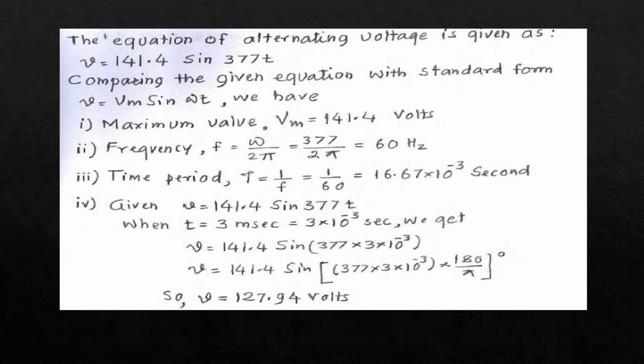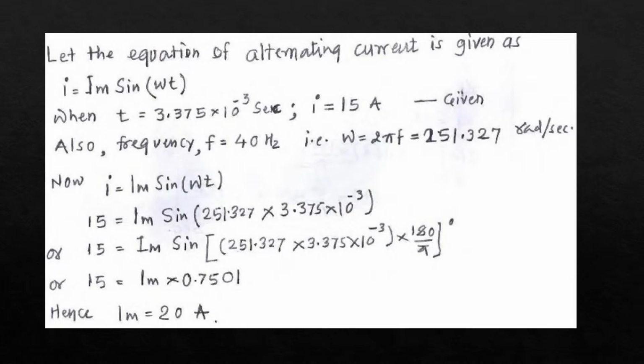This doesn't make sense, that's the problem. So that's 377 in radians? Okay, so this one is wrong, all the others are correct. 1 by 60, 60 as f, and 141.4. But 377 is actually in radians, and obviously 3 into 10 to the minus 3, but also into 180 by pi should be there for degrees, because that's how we calculate normally.